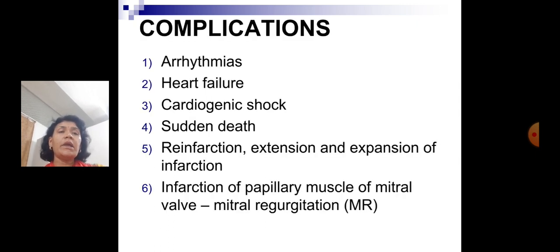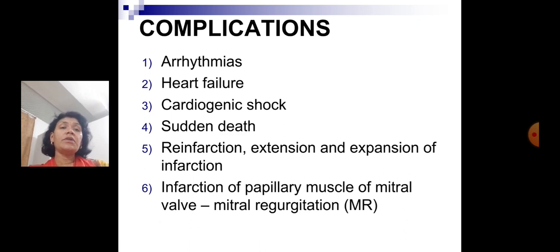Coming to complications of myocardial infarction, there can be arrhythmias, there can be heart failure, and the patient can go into cardiogenic shock if LV dysfunction is severe. There can be sudden death because of massive MI. Reinfarction, extension and expansion of infarction can be there.